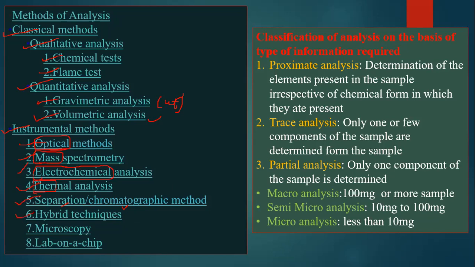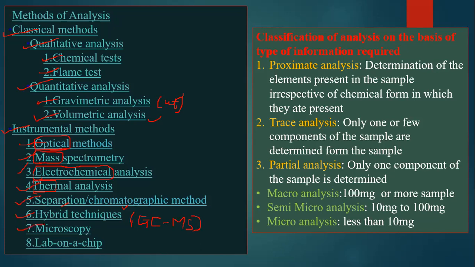Then hybrid technique. Hybrid is the combination of two or more techniques. GCMS, for example, is a combination of gas chromatography and mass spectrometry. This is one example I have given you. Likewise, different techniques are combined to do the analysis in a better way.